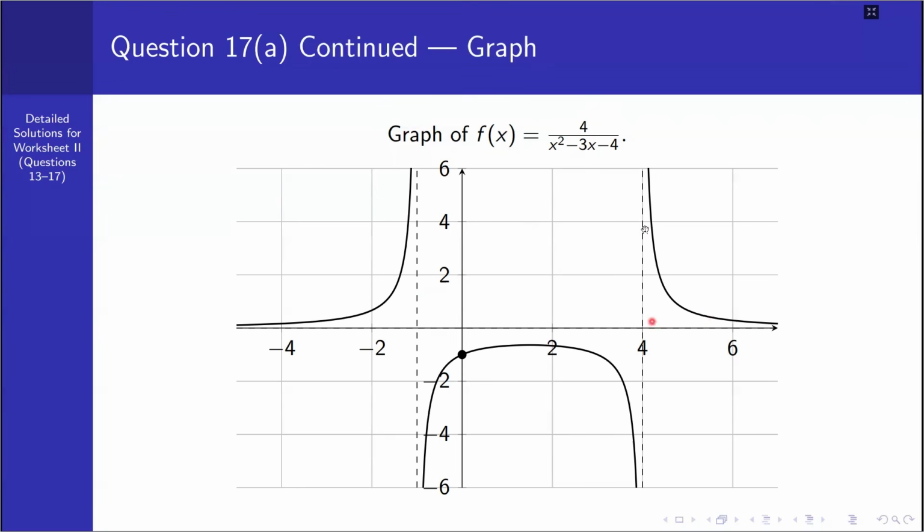በዚህ በኩል ባለው ወይም ደግሞ x equal to 4 የሚለው vertical asymptote ስንመጣ። That means when x approaches positive 4 from the left side, the functional value will tend to positive infinity, so that the graph will have this property.